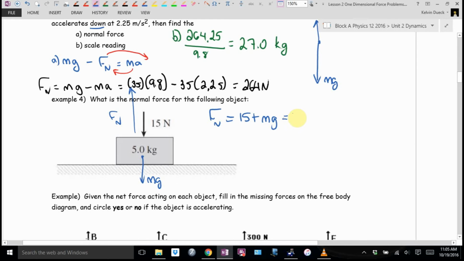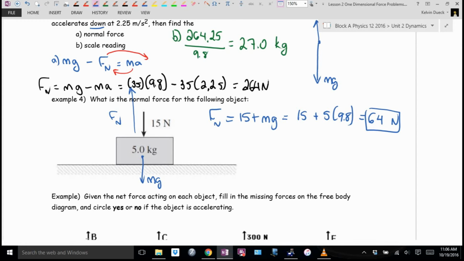So it's going to be 15 plus 5 times 9.8. 5 times 9.8 is 49, 59, 64. Double check me. Yeah. Slightly bigger normal force than normal. And I realize I'm using the word normal twice in two different contexts there, but slightly bigger normal force than usual. That's what I should say.